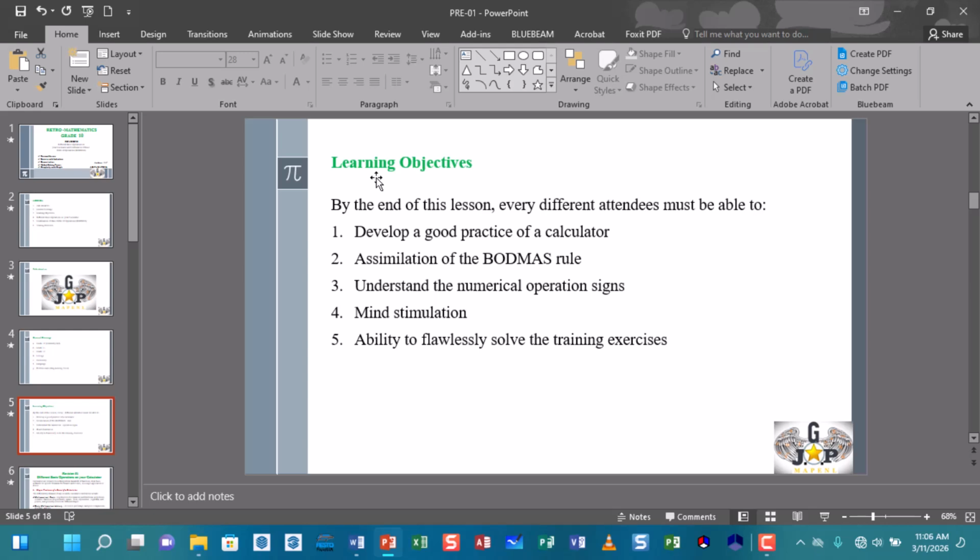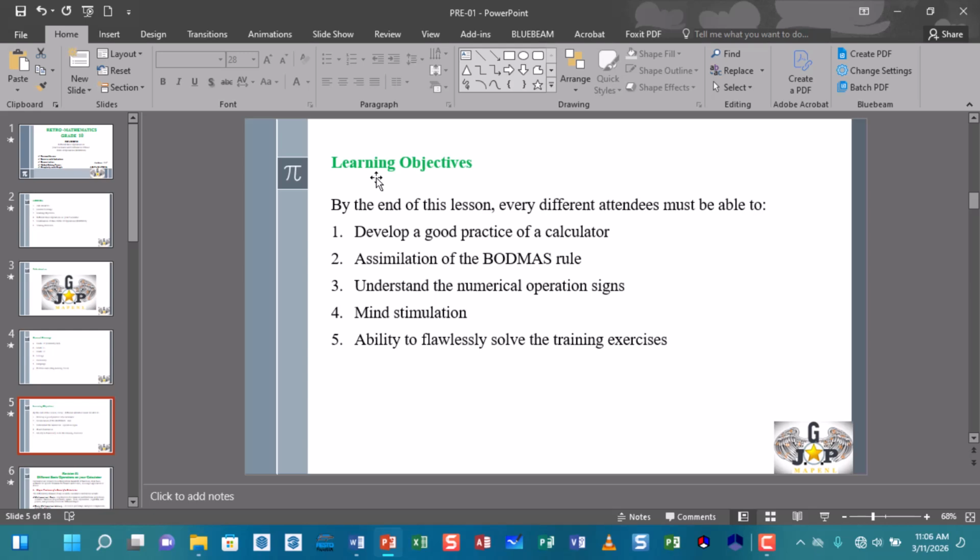I know you do, but I'd like you to deepen it a little bit, and you have to develop, or let's say assimilate, the rule of BODMAS.